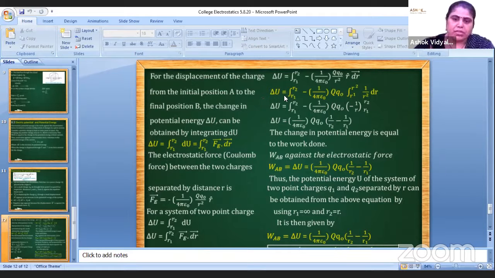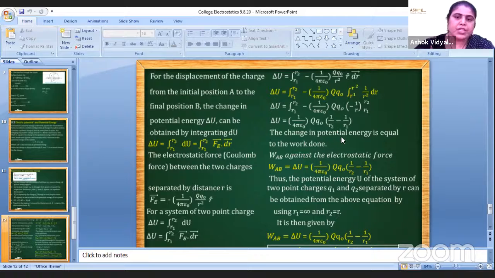Okay. Therefore, delta U is equal to the integral from R1 to R2 of minus 1 upon 4 pi epsilon naught into Q Q naught. With the formula of the integration, we got this 1 upon R square dr. Solving this term, finally we got delta U is equal to 1 upon 4 pi epsilon naught into capital Q, that is the first charge, and then the next charge Q naught, in brackets the upper limit minus lower limit, therefore 1 upon R2 minus 1 upon R1.